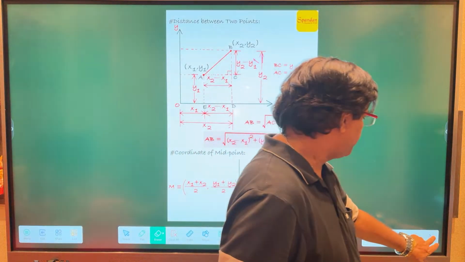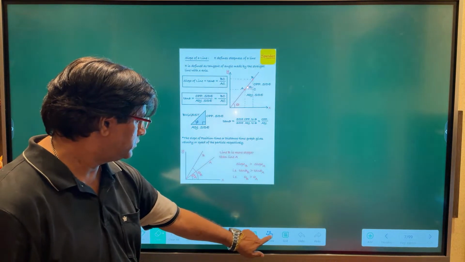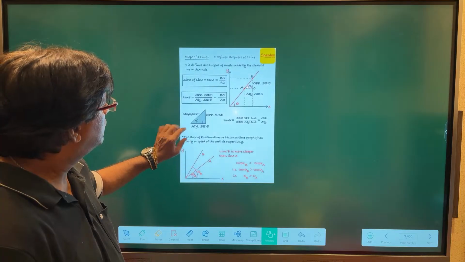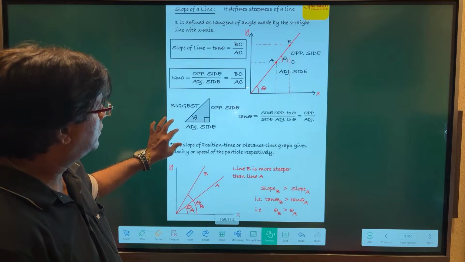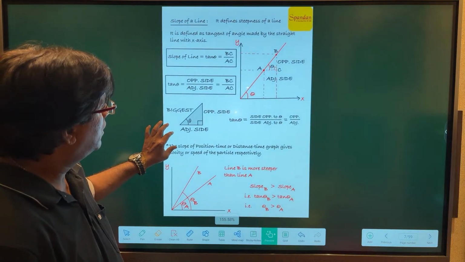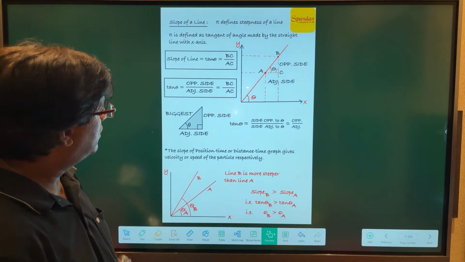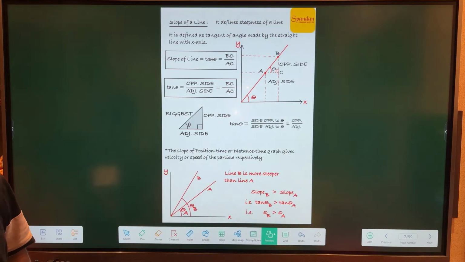So the slope of a line defines the steepness of a line.